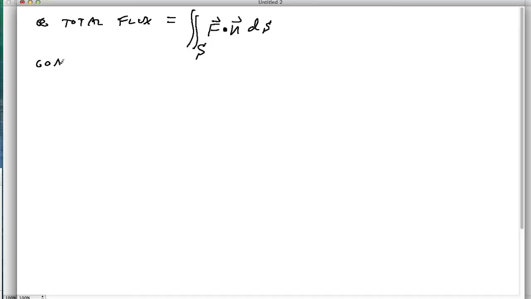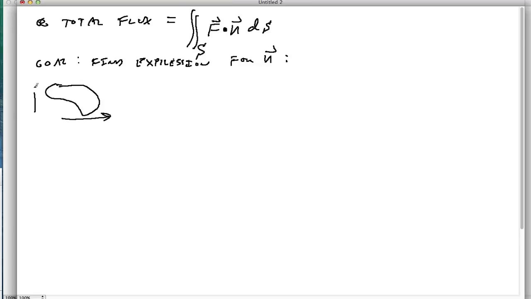So the goal now is to find an expression for n. Recall we have our set in U and V space. We have our vector function of U and V, embedding the surface in 3-dimensional space.